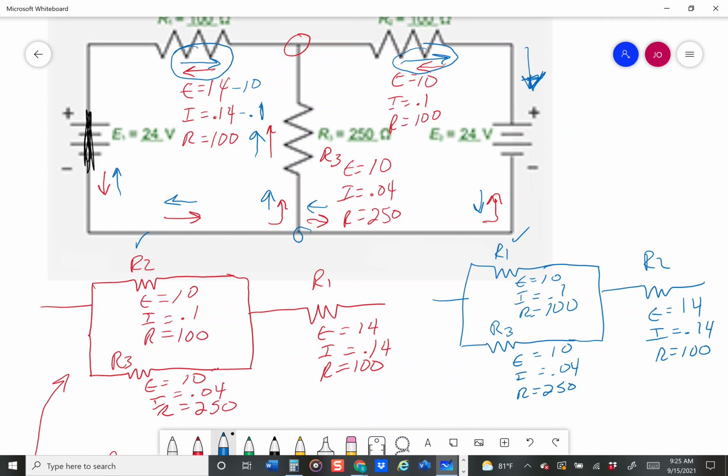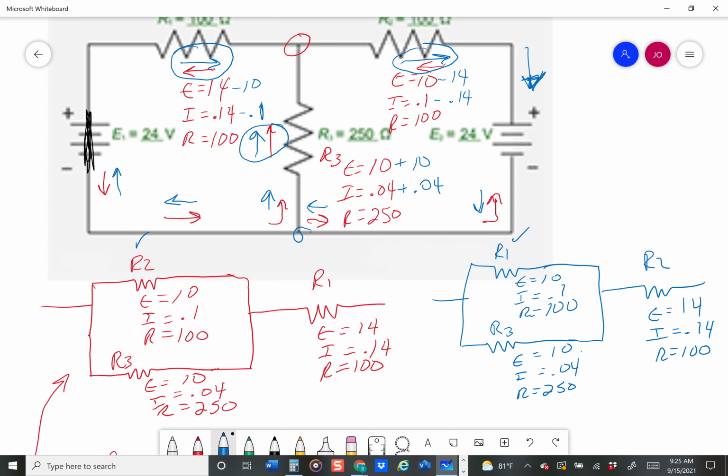So I've got to subtract 14 and 0.14. And with R3, those two arrows are going the same direction, so I'm going to add them. This is 10 and 0.04 again, so plus 10 and plus 0.04.